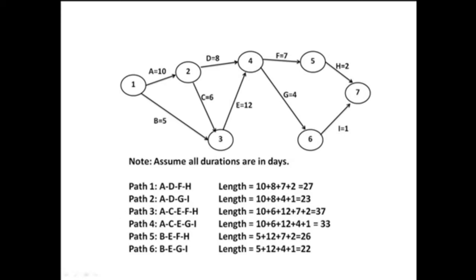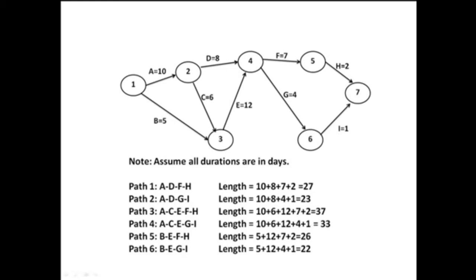It follows nodes 1, 2, 3, 4, 5, and then 7. The work activities are A, C, E, F, and H. Adding all the durations of these activities, the duration of this path is 37 days. So the critical path shows the shortest time in which a project can be completed, which is the longest path.